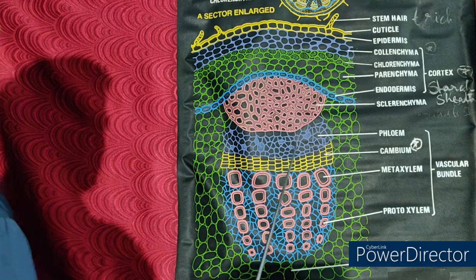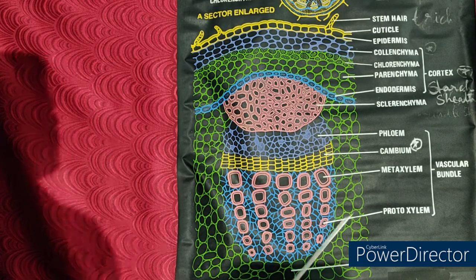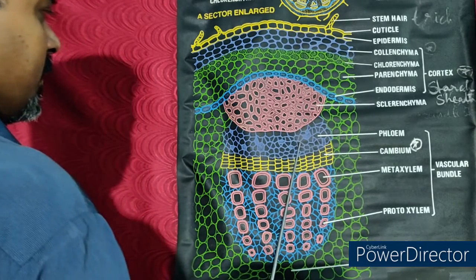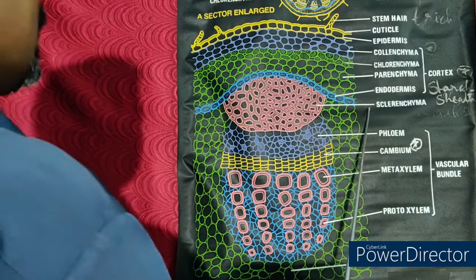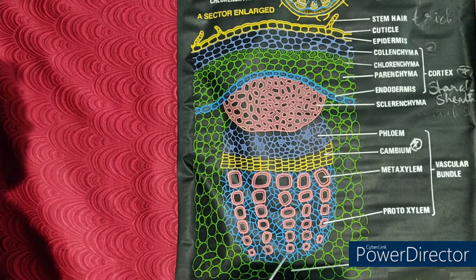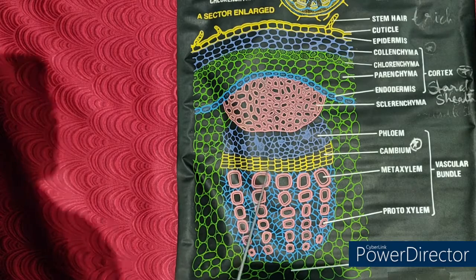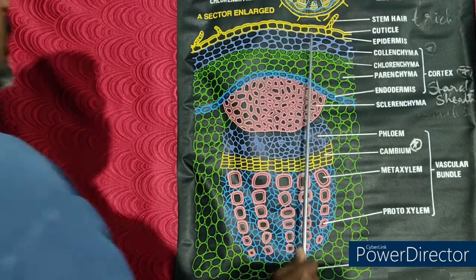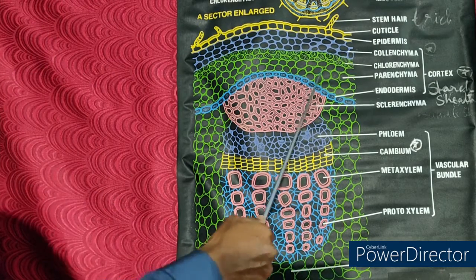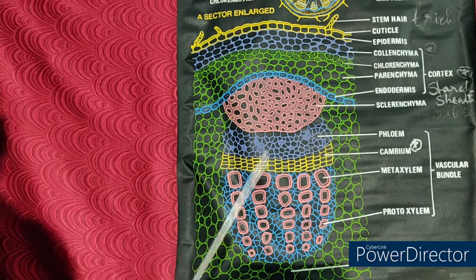You come across phloem here and xylem here. If you compare with the dicot root, you will find phloem in one corner and xylem in another corner. But here it is not so. The vascular bundles are at the same radius from the periphery, either from the epidermis or from the endodermis. If you calculate, they are at the same radius, and so they are known as conjoint.